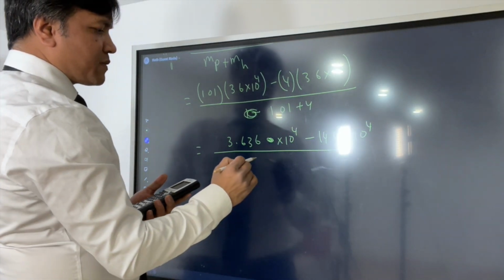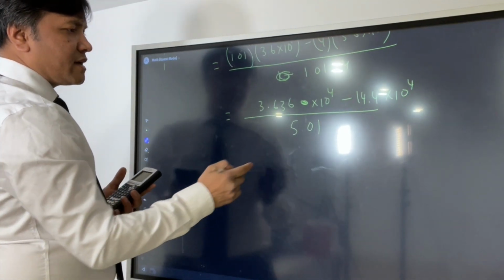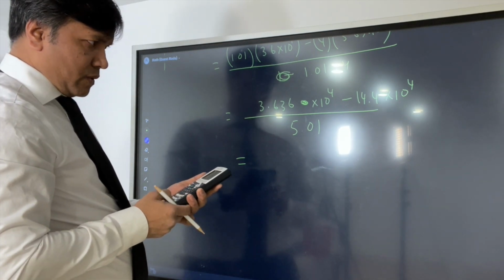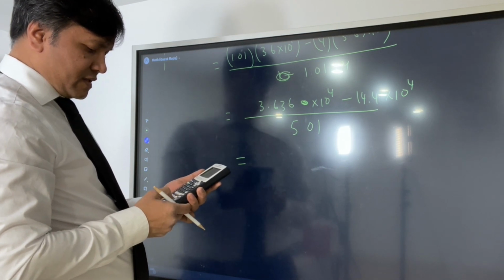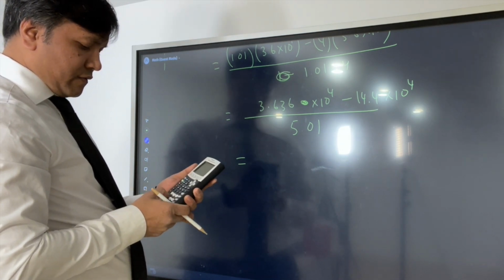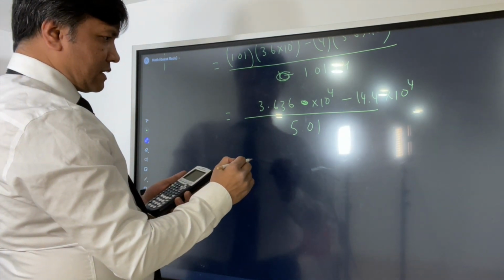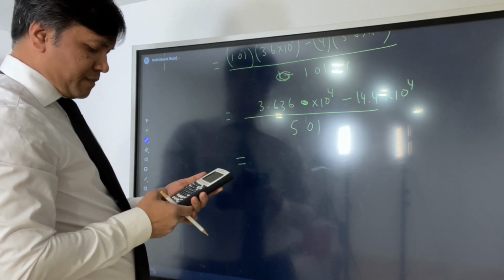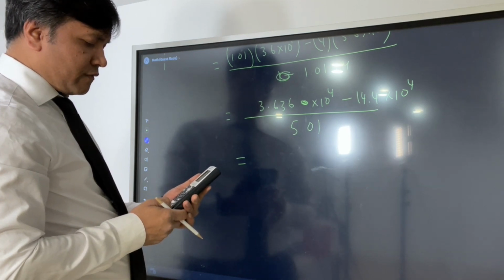So it's probably gonna be a negative velocity. 3.636 minus 14.4 is equal to negative 10. So negative 10 divided by 5.01 is 2.14.